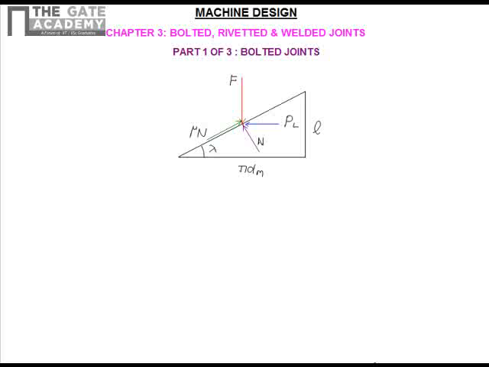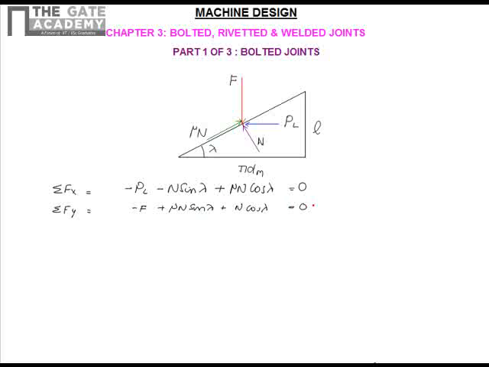Here also we apply the static equilibrium equations, which gives sigma Fx equals minus PL, since it is acting to the left side, minus n sin lambda plus mu n cos lambda equal to 0. Sigma Fy will be equal to minus F plus mu n sin lambda plus n cos lambda is equal to 0.